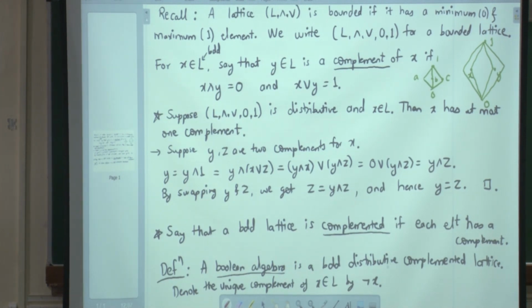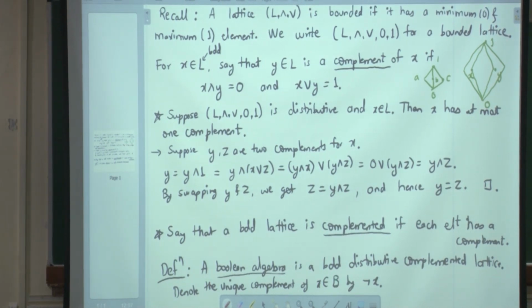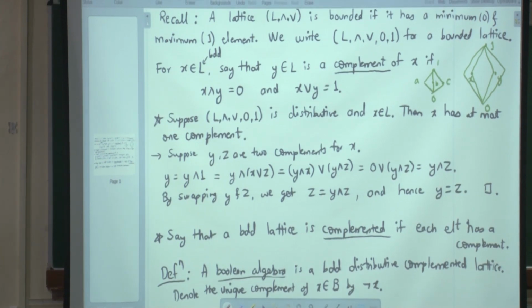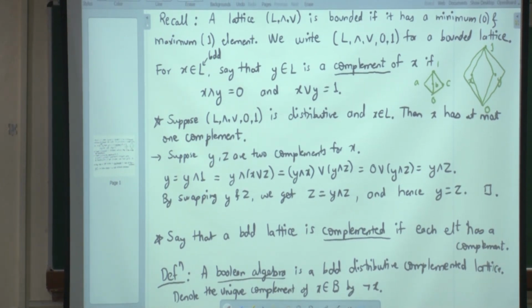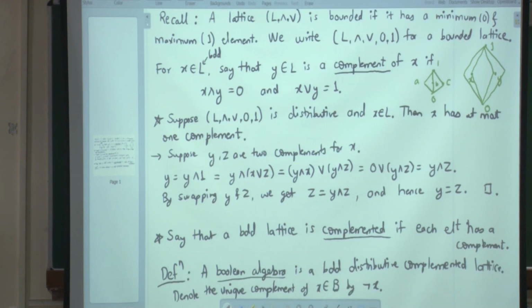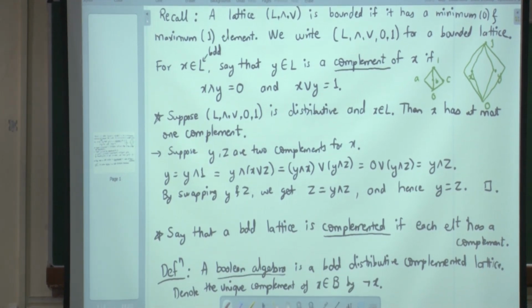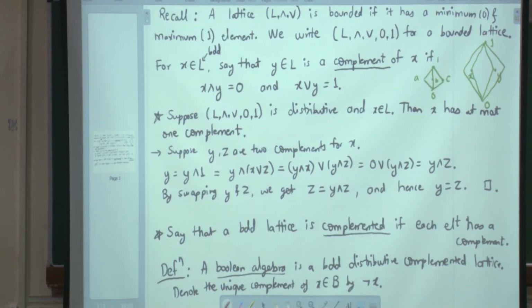Let me change this to x in B. Our tradition is that for a poset we write P, for a lattice we write L, for a Boolean algebra we should write B. So negation, in fact, is a function from B to B.